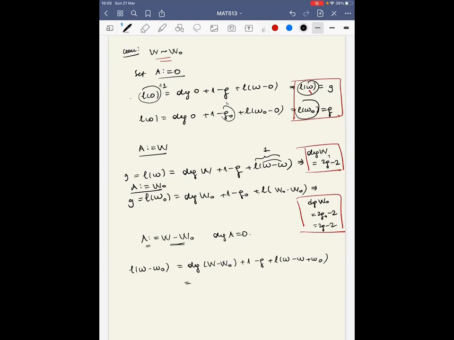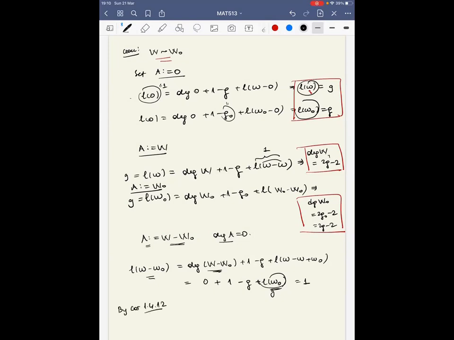Since they have the same degree, the degree of the difference will be 0, so we get 0 plus 1 minus G plus L of W0. And since L of W0 is equal to G, it has dimension 1.